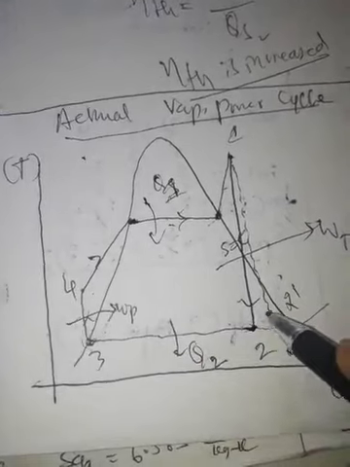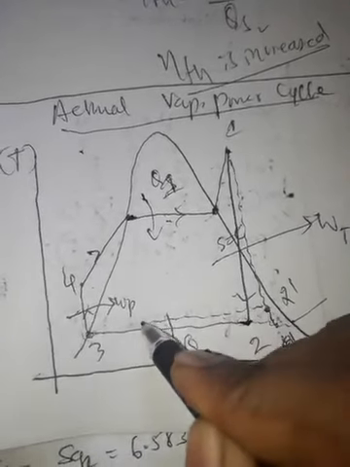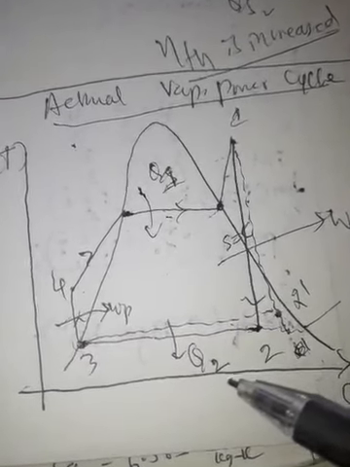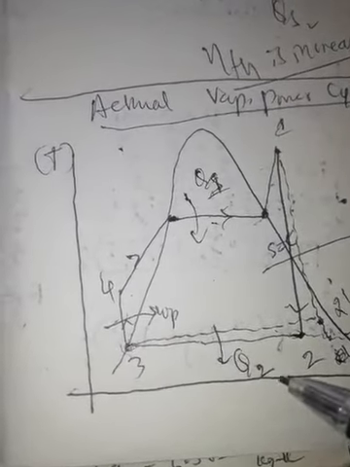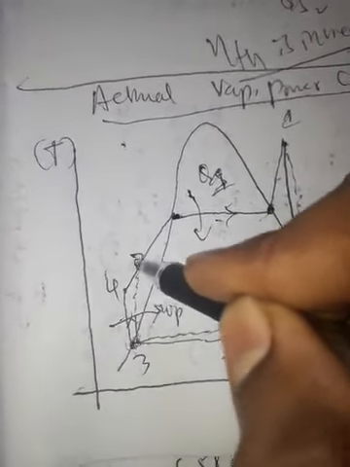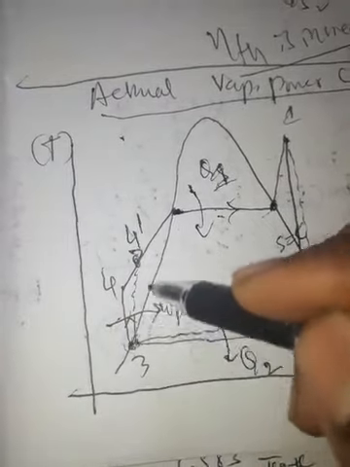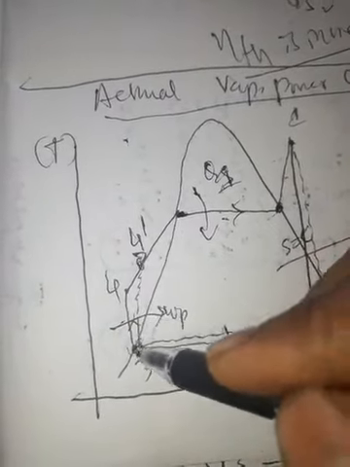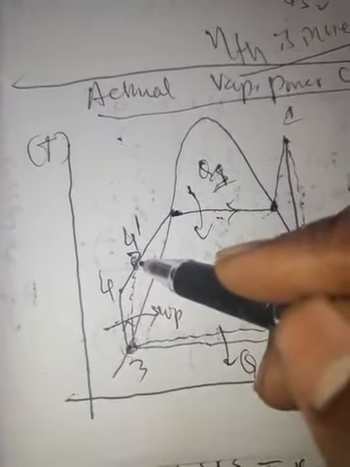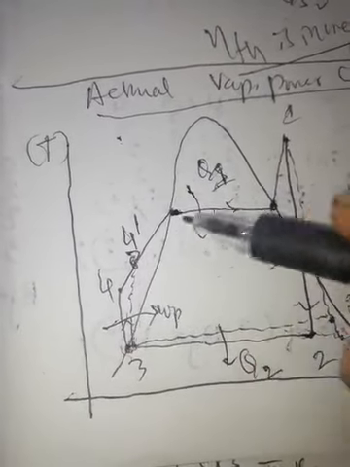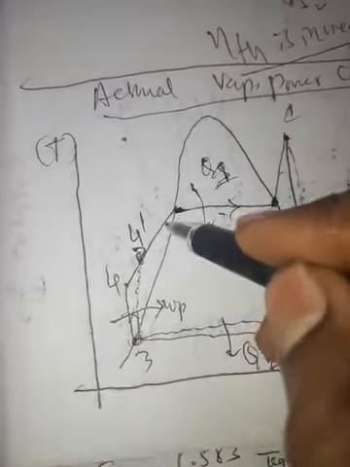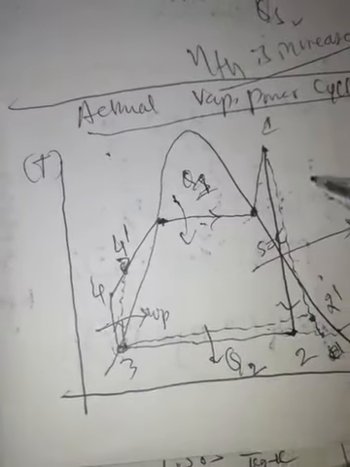Now because of losses in the condenser, 2 dash to 3. So 3 to 4 dash, that is because of losses happening inside the pump. Earlier it was isentropic pumping, now it is deviating, 3 to 4 dash pumping process. Now 4 dash to, again liquid remains same, now 1.